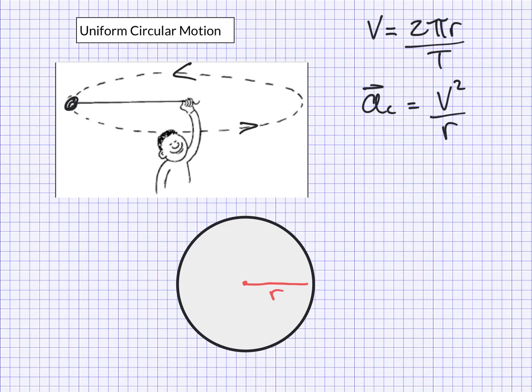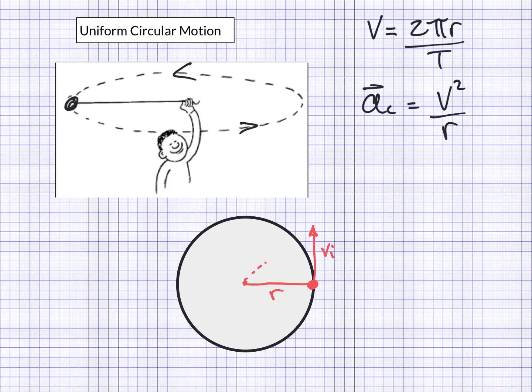Then if we imagine our object at a certain position on that circle at any given time, we might define the kinematics of this mass as having a speed. We'll call this the initial speed.